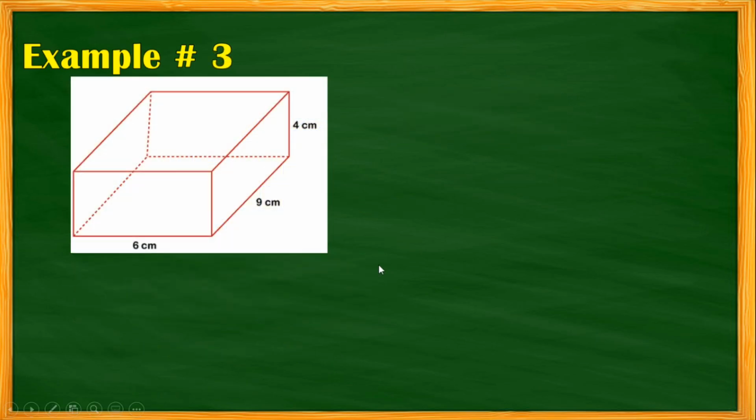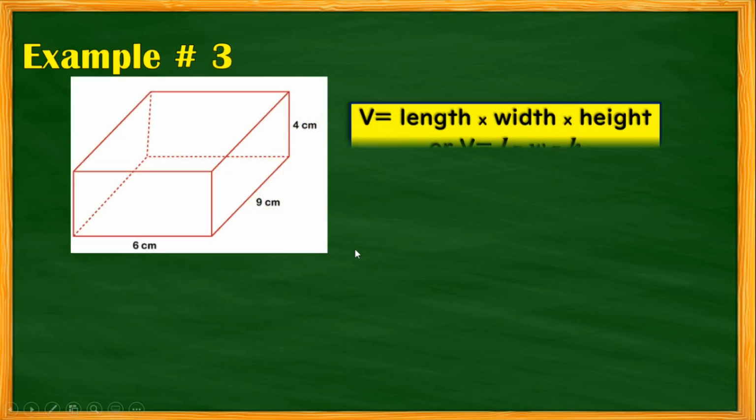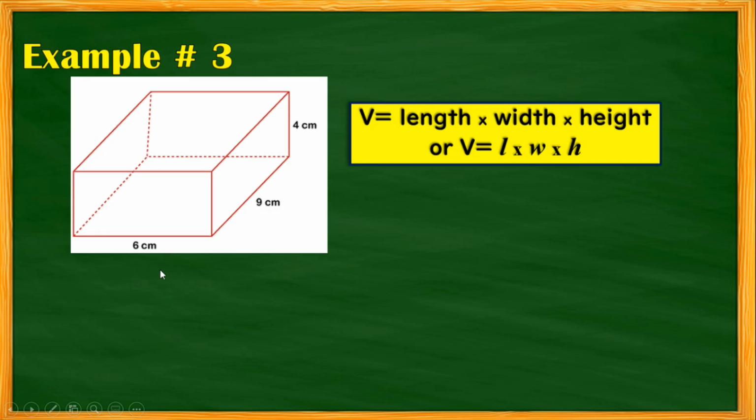Then for example number 3, we have a rectangular prism again because the specific values are different from each other. So 6, 9, and 4. The formula is volume equals length times width times height.